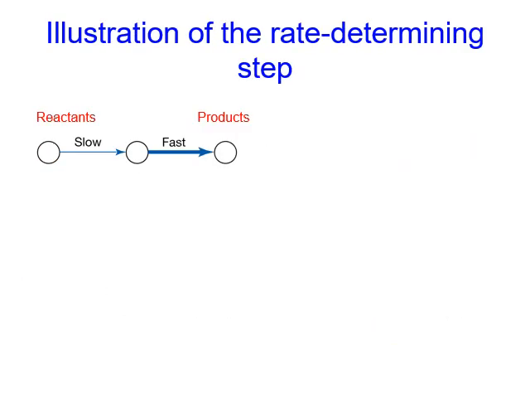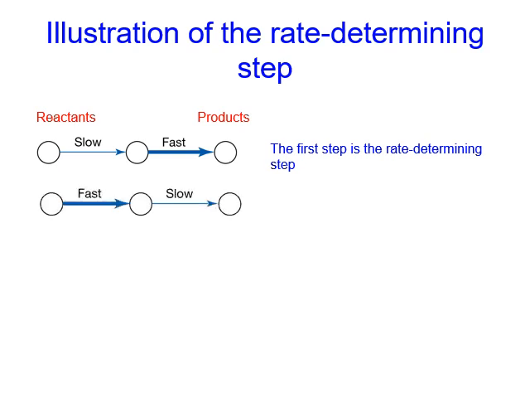Let's study some cases. In this case, you have a consecutive reaction. The second step is fast, the first step is slow, and the first step will be the rate determining step. Now in this case, the first step is fast, the second step is slow, and therefore the second step will determine the overall reaction rate, which is the rate determining step.